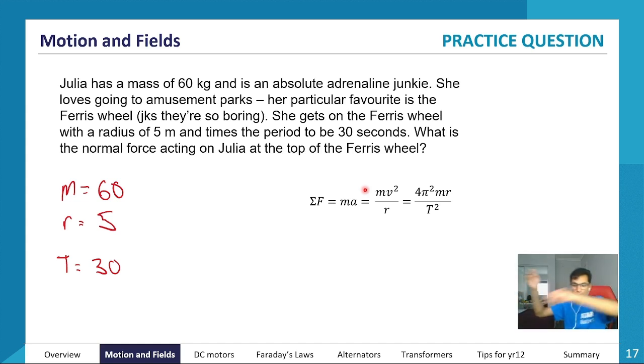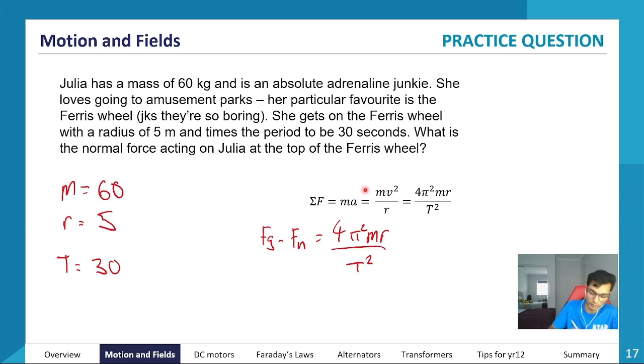I just had to refer to my notes because I nearly forgot this. If she's at the top of the Ferris wheel, we know that the normal force is less than the gravitational force, and all of this is equal to our circular motion formula, which in this case is 4 pi squared times mass times radius divided by T squared.